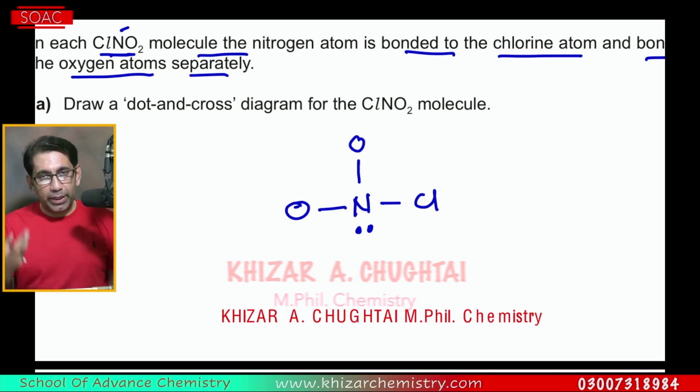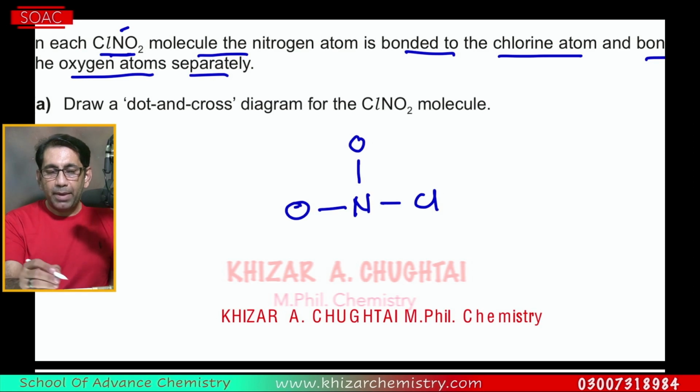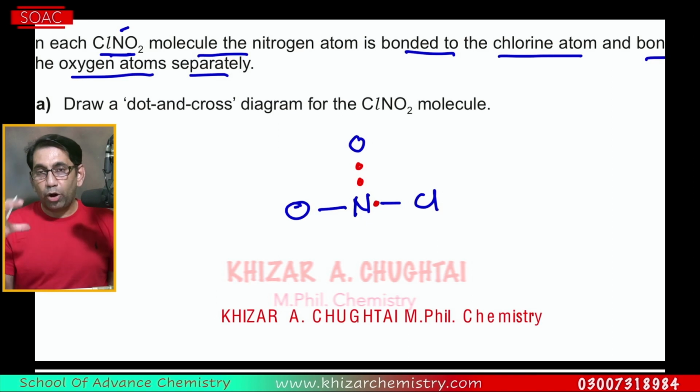So first of all, I'm using this lone pair in dative bonding. I'm making a dative bond between this nitrogen and oxygen. These electrons, the dots, belong to the nitrogen.